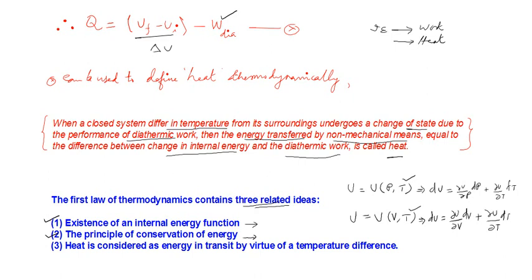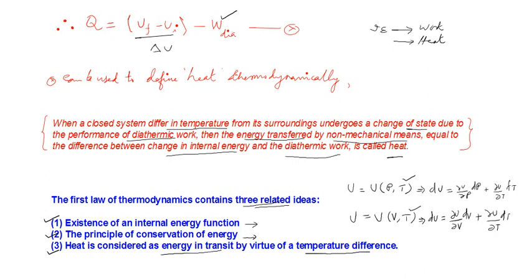And the third related idea is that heat is considered as energy in transit, by virtue of the temperature difference. That is why we can say that the first law of thermodynamics is used to define the quantity heat mathematically or thermodynamically. So these are the three related ideas contained in the first law of thermodynamics.